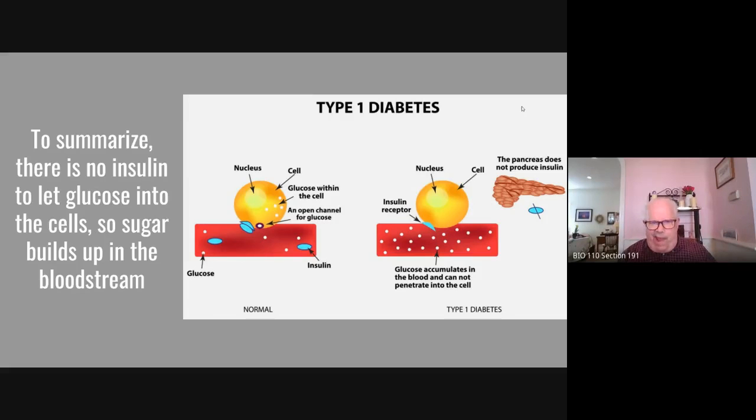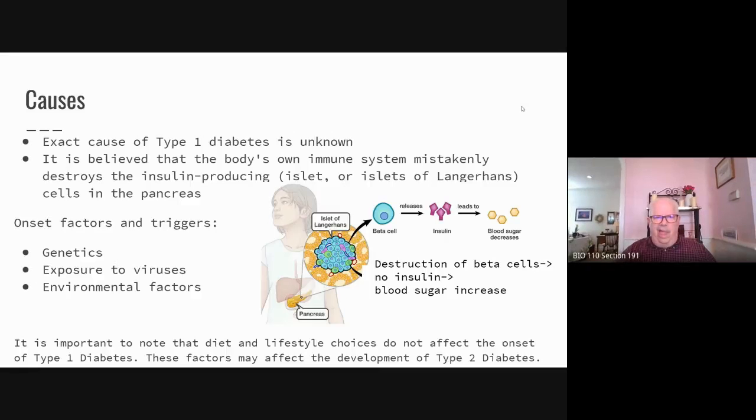Okay? The pancreas produces no insulin. The exact cause is really not known. It is believed that the body's own immune system mistakenly destroys the insulin producing islets of Langerhans cells in the pancreas. The beta cells are destroyed.